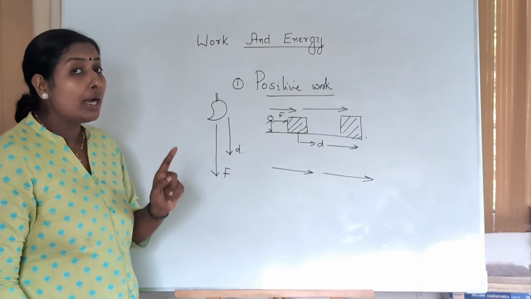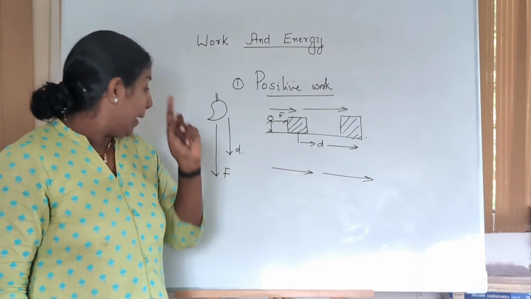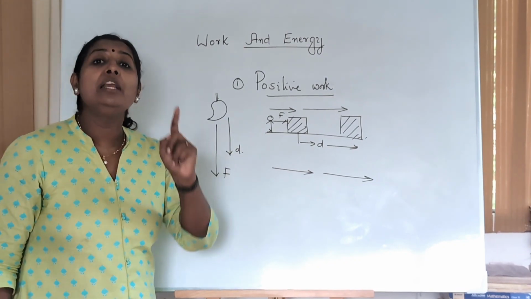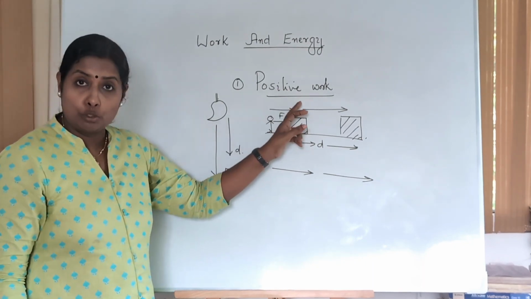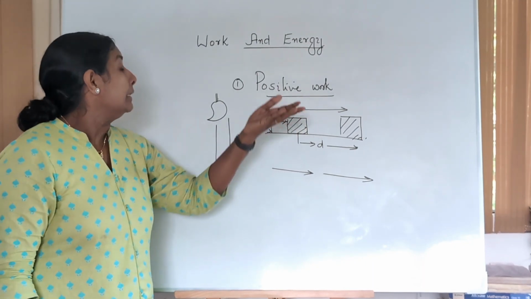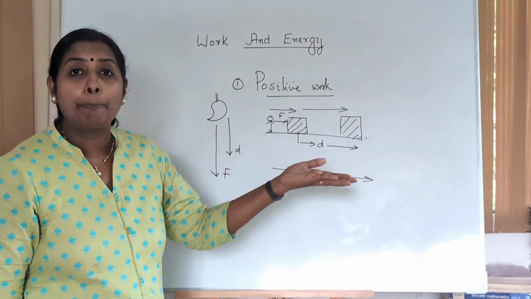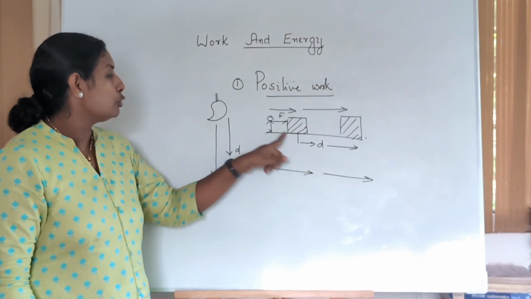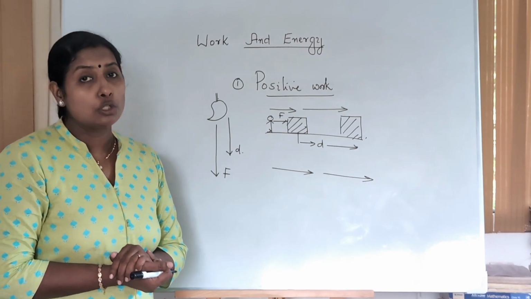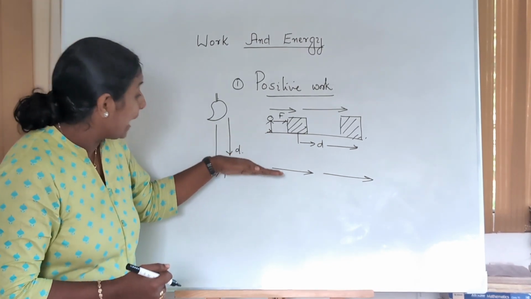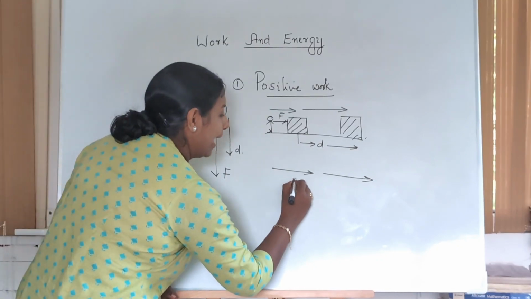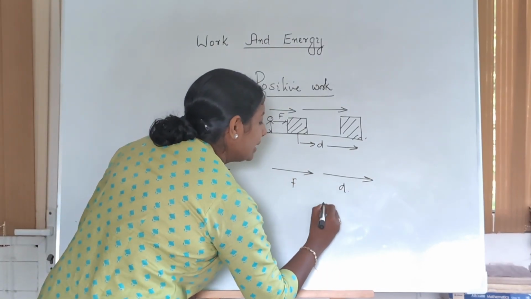So, children, what is the work done by gravity on a freely falling body? That can be a question to you. The work done is a positive work. Sometimes somebody may ask you to give an example of a positive work. These two are examples of positive work. So here we may note that the angle between the force and displacement is 0.